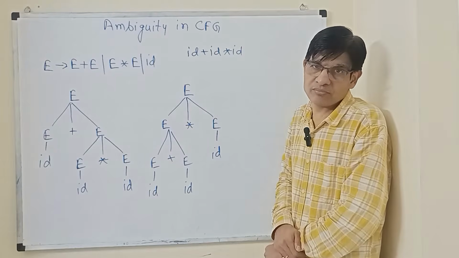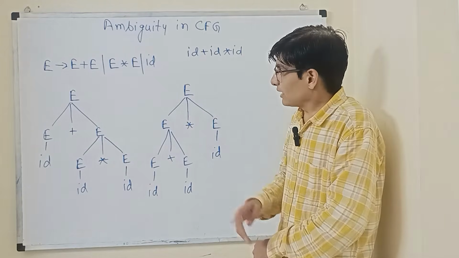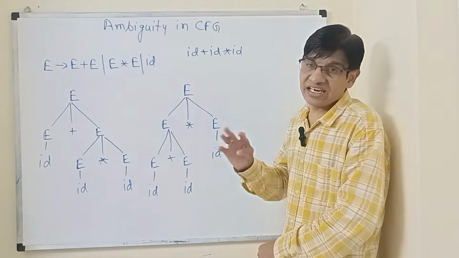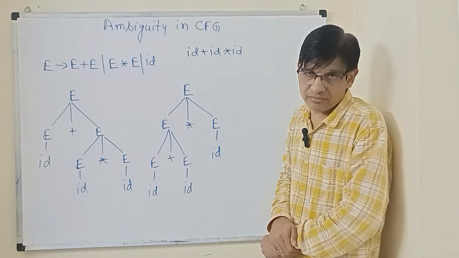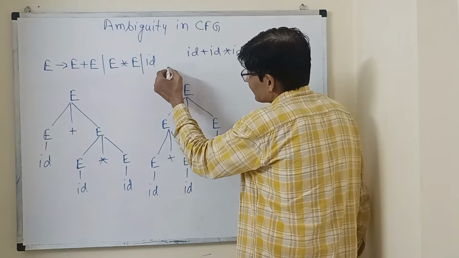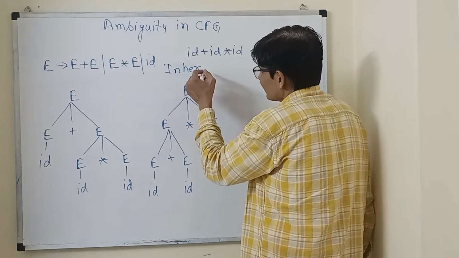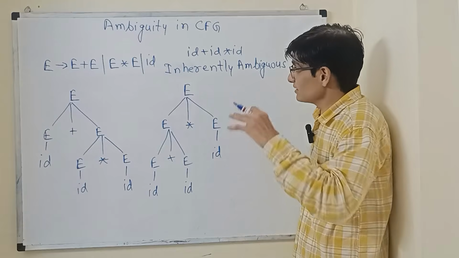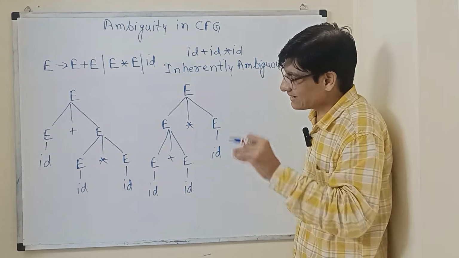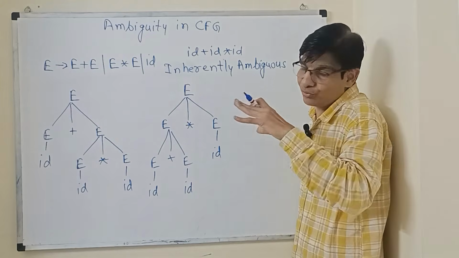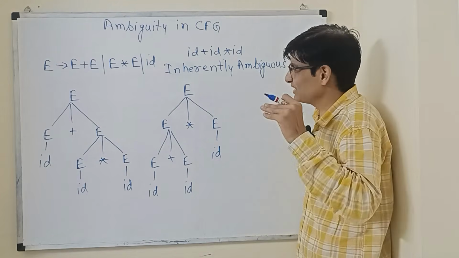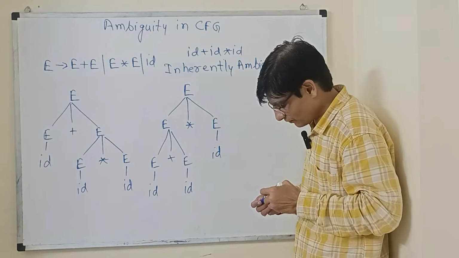The grammars which cannot be converted to an equivalent unambiguous grammar are considered inherently ambiguous grammars. This property of grammar is called inherent ambiguity. I hope this is very clear to all of you.